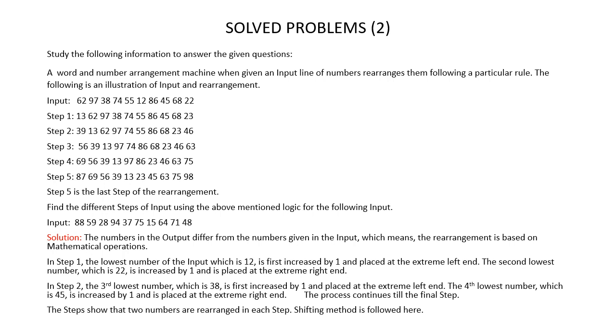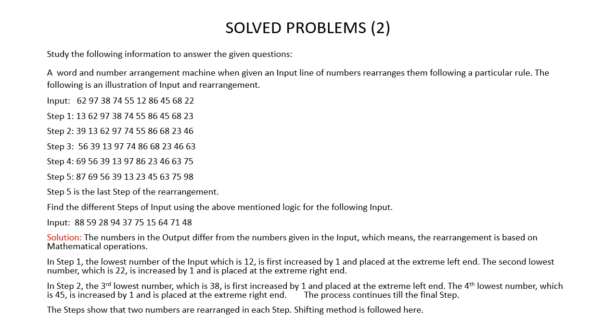So you can see that in step 2 also only two numbers are being rearranged, one at the right end and the other at the left end. This process continues till the final output is obtained in step 5.